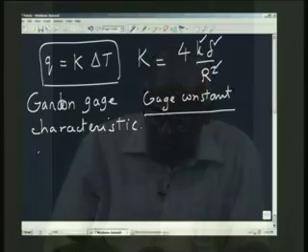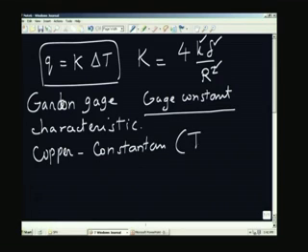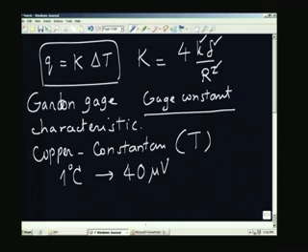What is measurable is delta T, it should be a measurable quantity, and if you remember, if you have a copper constantan thermocouple, it is also called the T type thermocouple. A 1 degree Celsius difference will correspond to about 40 microvolts. This is the Seebeck coefficient.